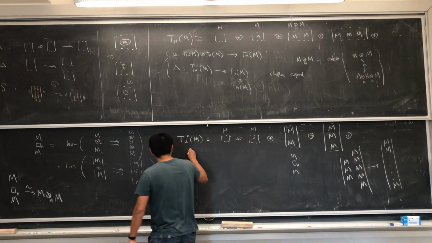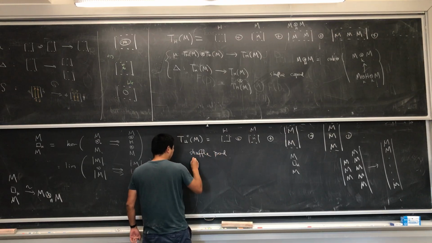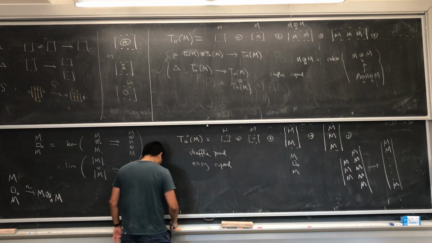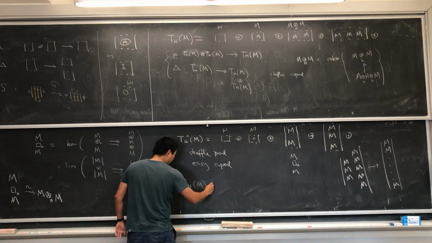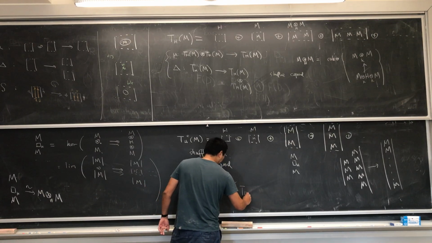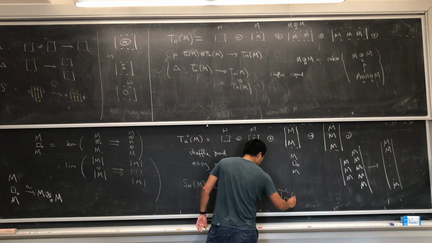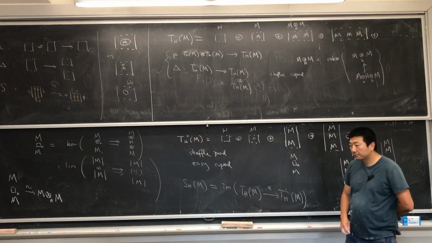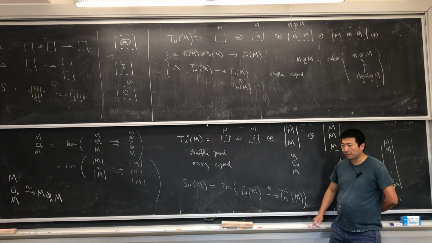So the shuffle product and easy coproduct. And this honest shuffle algebra is the image of what is usually denoted by the alpha map from this Hopf algebra to this Hopf algebra.